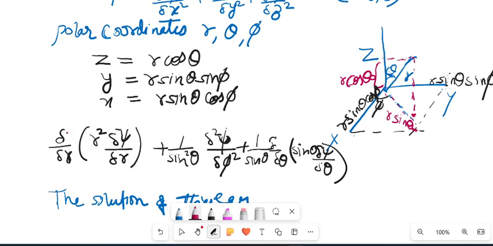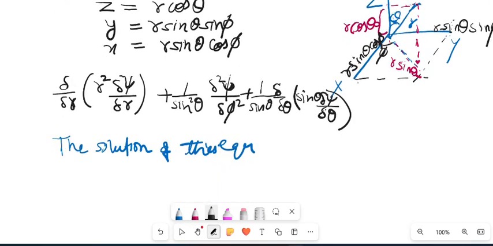It is dou by dou r of r square dou psi by dou r, plus 1 upon sine square theta, dou 2 psi by dou phi square, plus 1 upon sine theta, dou by dou theta of sine theta dou psi by dou theta.